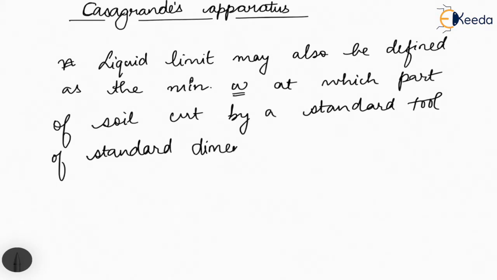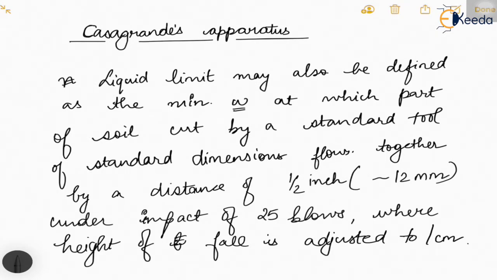So all these dimensions and standardizations have already been done, and they have been followed by various Indian standard codes as well. Okay, so now let us try to understand what I have just written. This is the basic working of determination of liquid limit using Casagrande's apparatus.